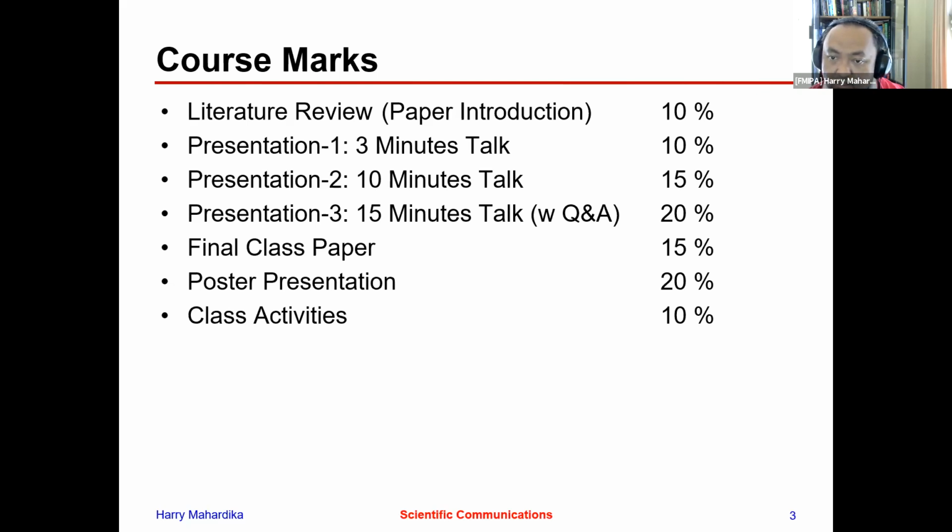So the biggest contribution obviously comes from the third presentation and from the poster presentation, because the poster presentation will act like your final project or final exam, whilst your third presentation will be just like your midterm exam.